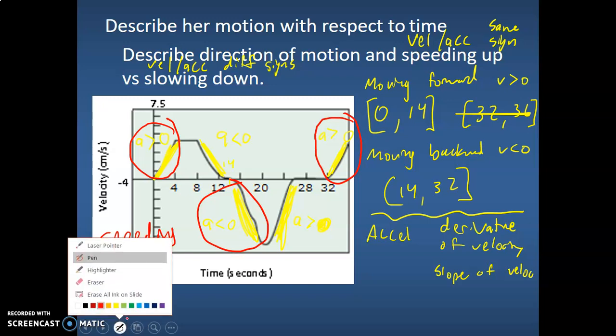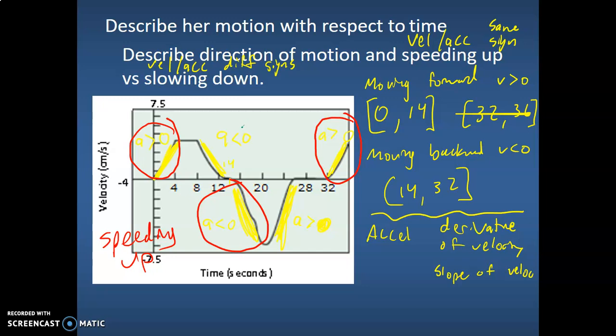And then let's look in this green color where my acceleration is negative but velocity is positive, or where my acceleration is positive but my velocity is negative. These green areas are where I am slowing down. And I apologize in advance for any of you guys that are red-green colorblind. Hope this one helped.